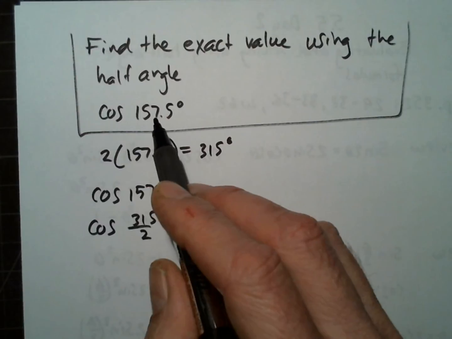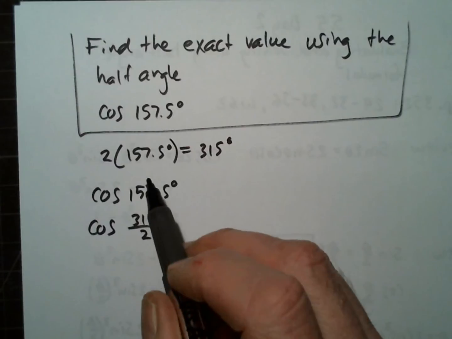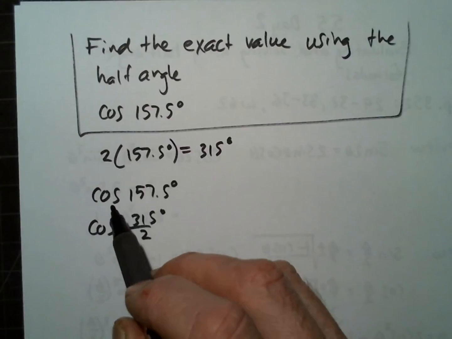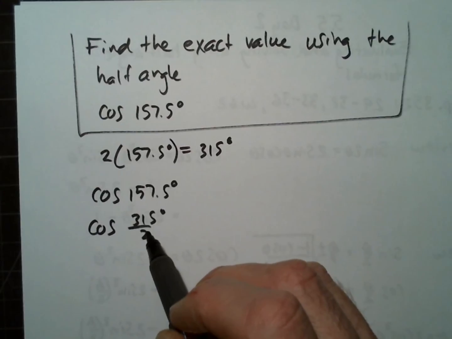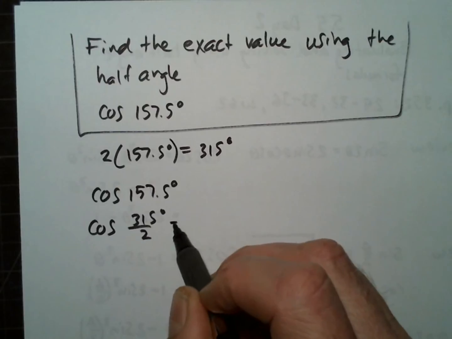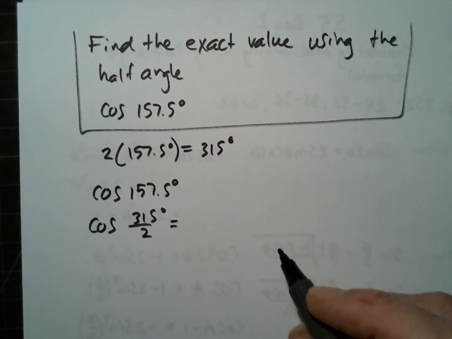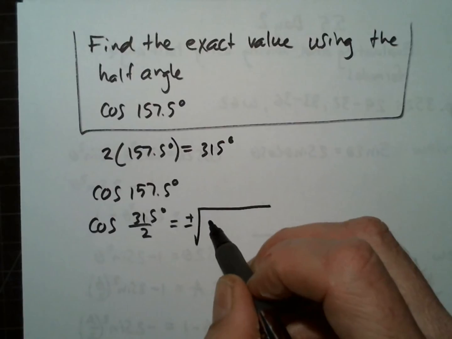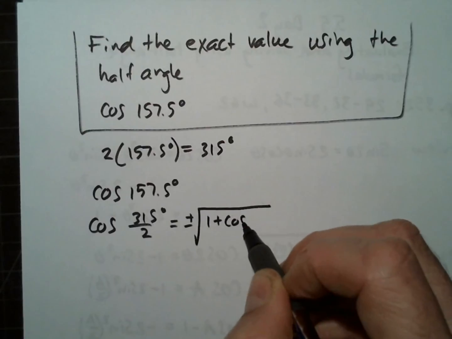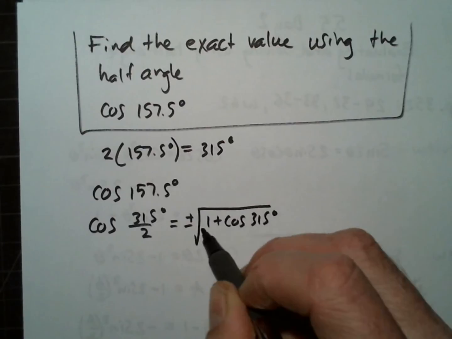We want to find cosine of 157.5. We know that there's that relation. Let's rewrite it as half of the angle. And then we can just use the formula for cosine, positive or negative square root. And cosine is 1 plus cosine of 315, over 2.